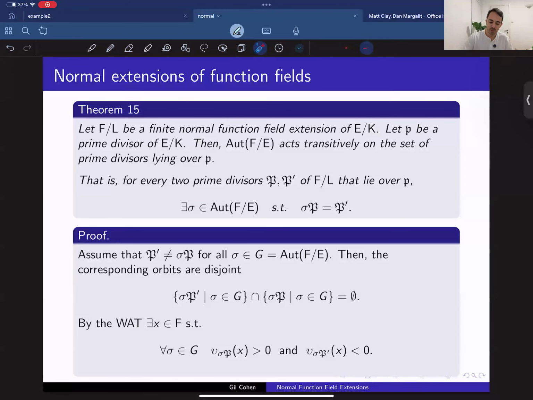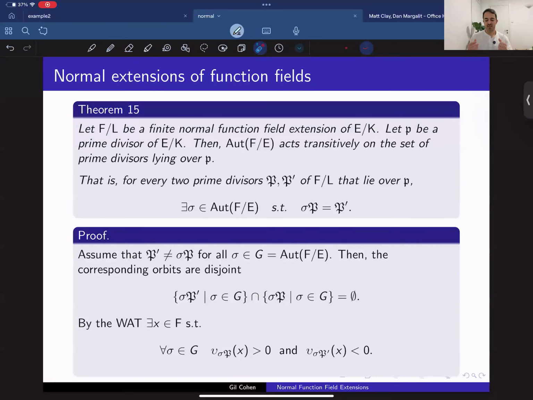Okay, so with this, actually, the proof is not so difficult. So let's assume by contradiction that there is some P prime and capital P and capital P prime, such that capital P prime is not sigma of P for any sigma in the automorphism group of F over E. That's the contradiction to this transitivity.